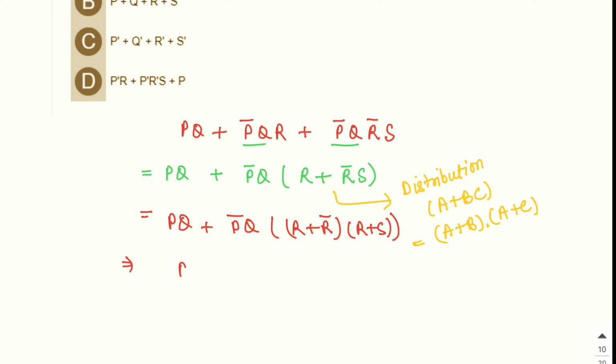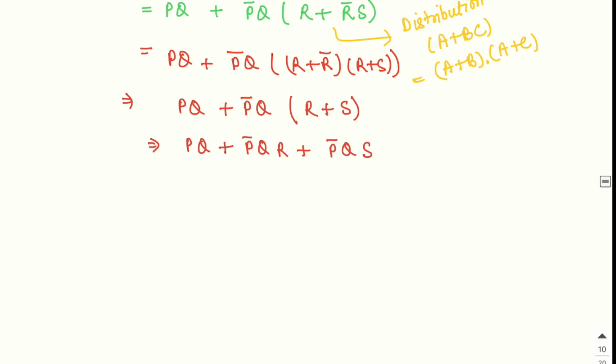So this becomes PQ plus P bar Q, R plus R bar is 1, so we are left with R plus S. We open this bracket, we get PQ plus P bar Q R plus P bar Q S.